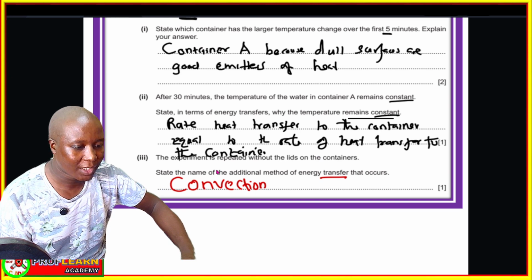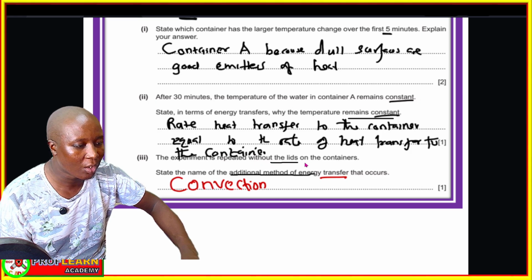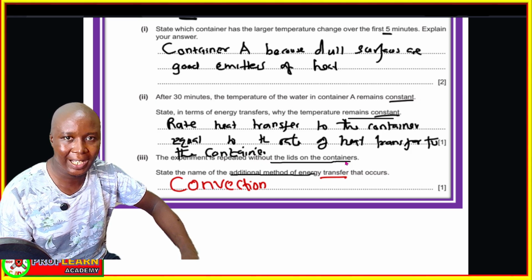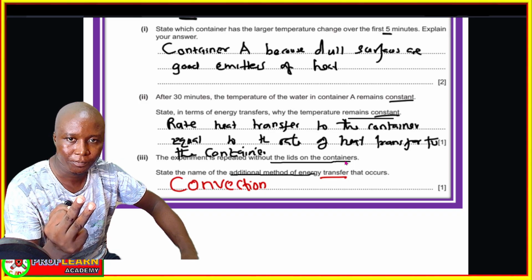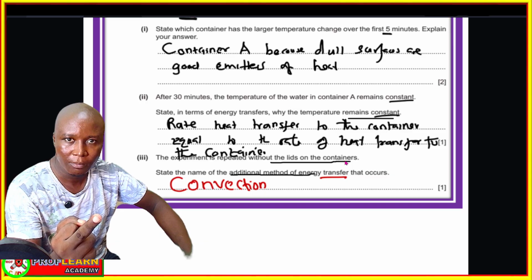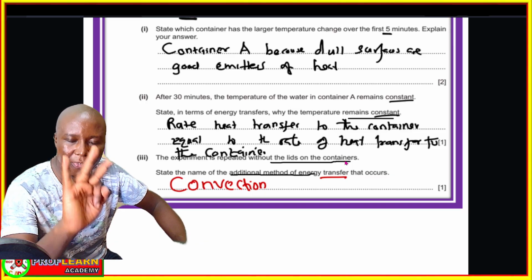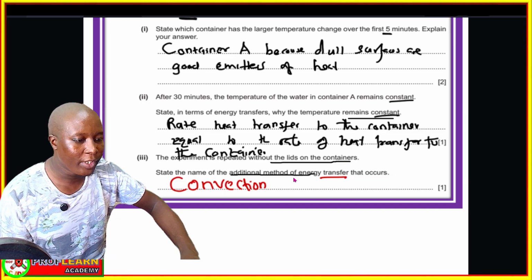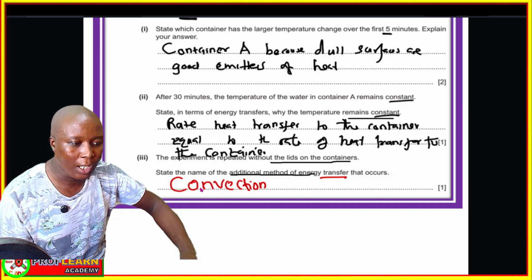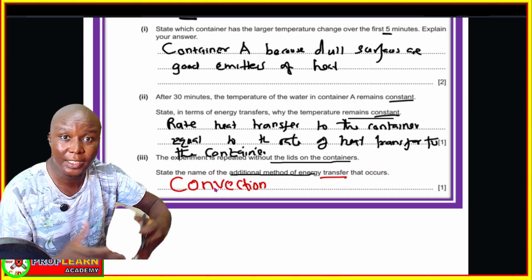Then also, state the name of the additional method of energy transfer that occurs when the lid is removed. There are three modes of heat transfer: conduction, convection, and radiation. If a student mentioned evaporation here, that is an international crisis.